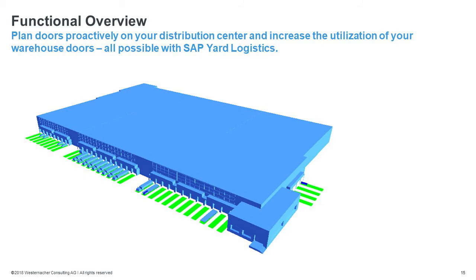But those trucks need to be handled very efficiently and very fast, because every minute that your carrier is driving for you, or you are driving for your customers, is basically money that you either earn or that you spend. So in that case, we need to make sure the truck is going to the right gate, and on the back side we will also have some doors, and we might have some parking spots somewhere. So this is a common scenario if you have a big distribution center with a lot of doors, or if you're operating as an LSP.